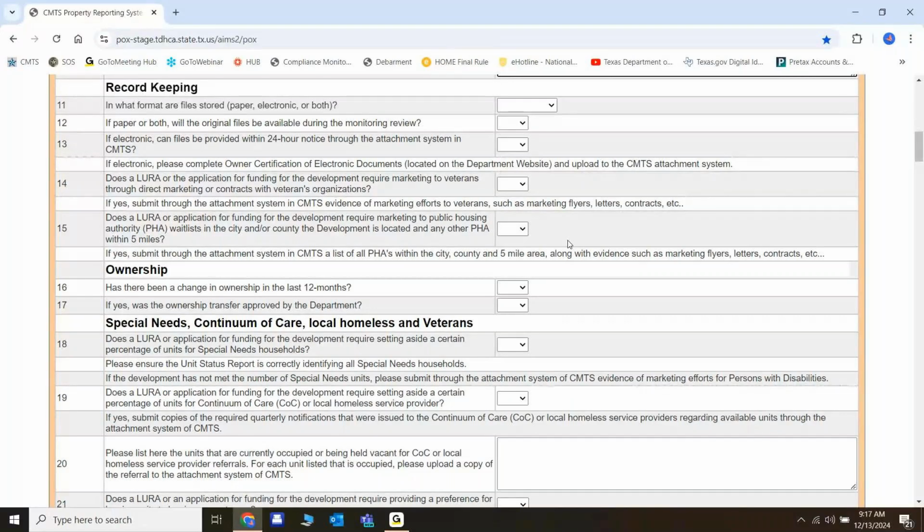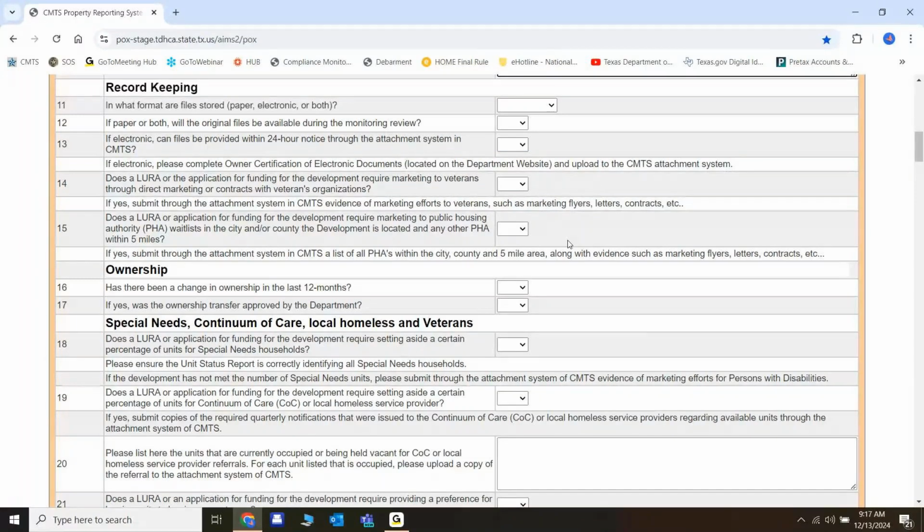Record keeping. That is what we're going to talk about next. The next question says, we need to know how your files are stored. After COVID, we've had several management companies start to move or completely remove paper files from their portfolio and are doing strict electronic file retention.